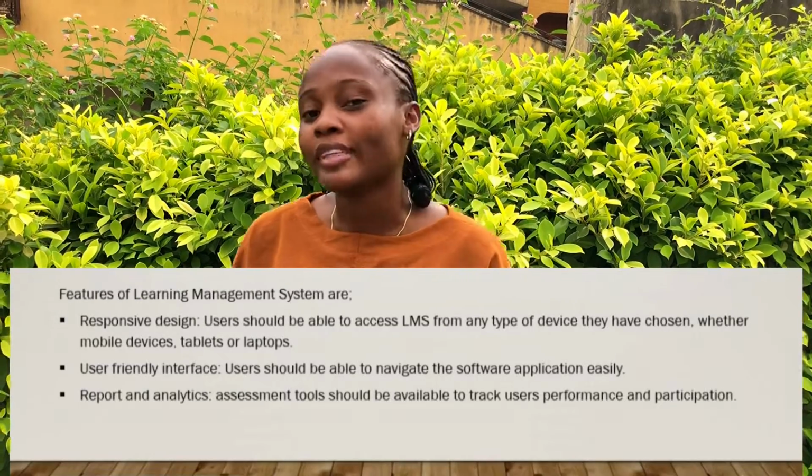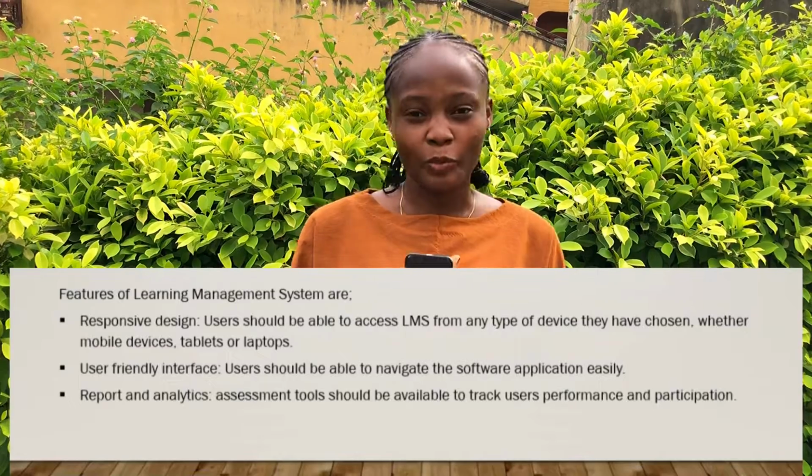Some of the features of learning management systems are: number one, responsive design. This basically talks about students being able to access the platform from whatever device they choose, be it a tablet, a mobile device, or a laptop. They will be able to access the courses in the learning management system. It should also have a user-friendly interface where the students will be able to navigate easily through the platform.